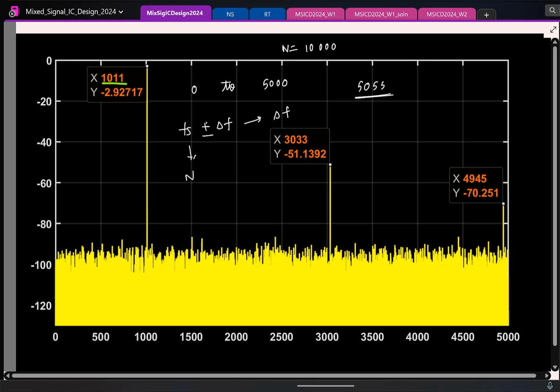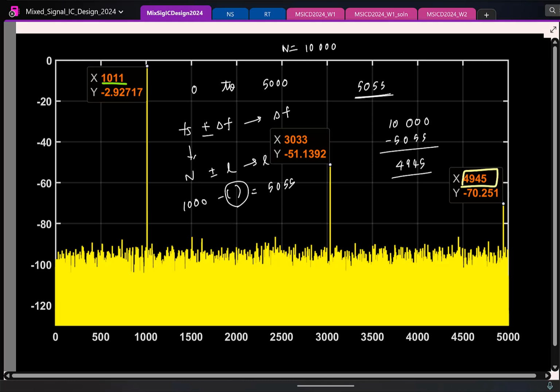N. So let us say this is plus or minus some L. This will alias back to L. Same thing. So this will map to basically 10,000 minus something. This is 5055, so it will alias back to 10,000 minus 5055, which is 4945. And that's what you see.